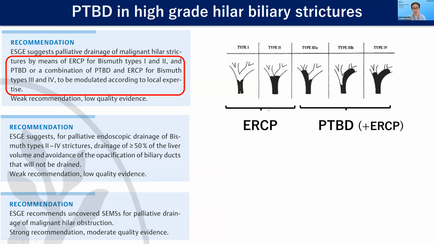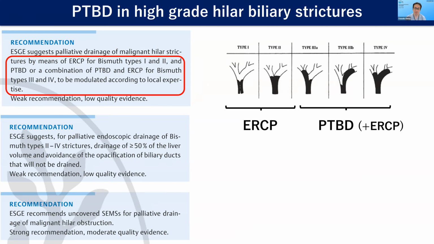This is the very famous Bismuth classification. If it's type 1 and type 2, we choose ERCP. And the ESGE recommends we should use PTBD, percutaneous biliary drainage, in high grade, like type 3 or type 4. We have to drain both the left and the right liver to achieve more than 50% biliary drainage.